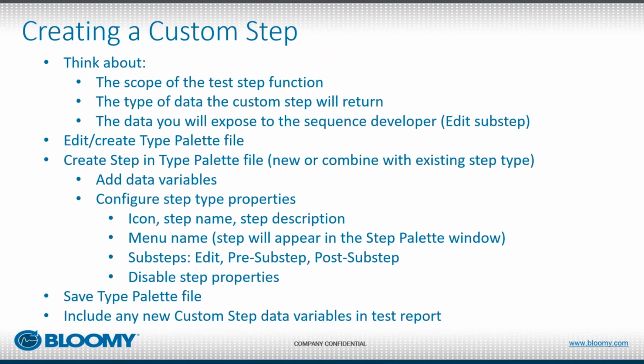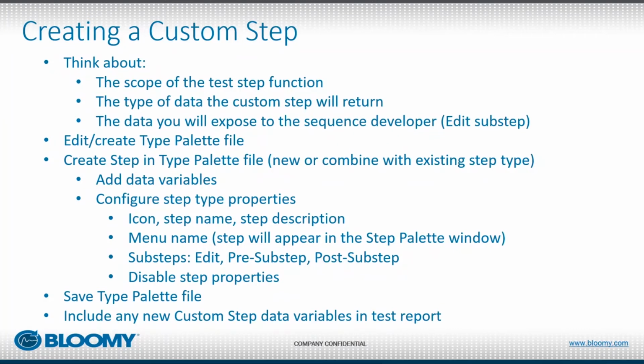So this is my brief list on creating a custom step type, and there are other references in a couple of slides. We're actually moving along pretty good here. So things to think about is the scope of the test step function.